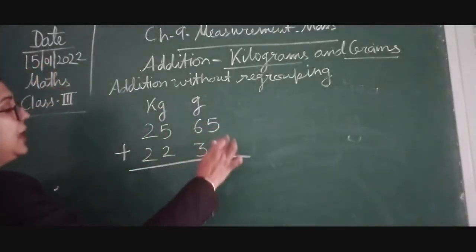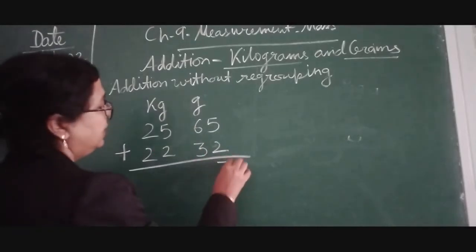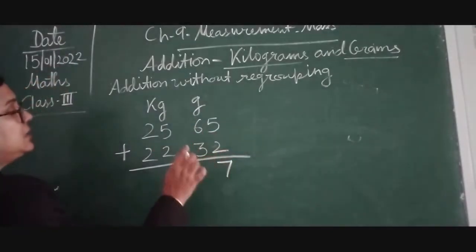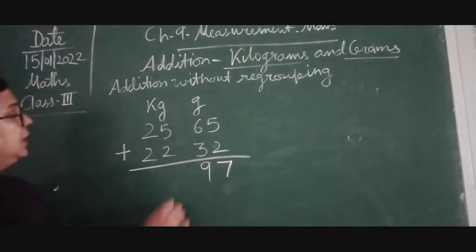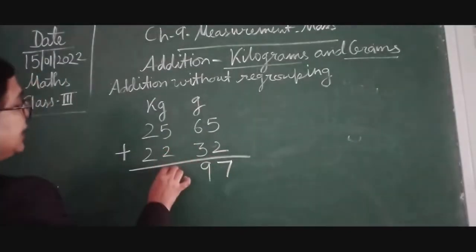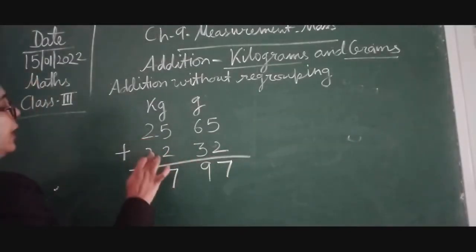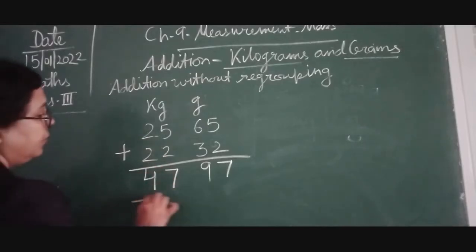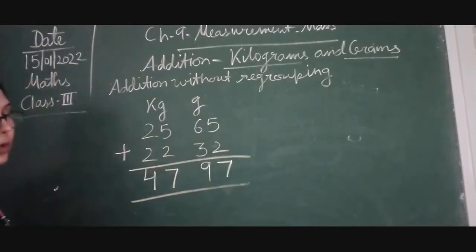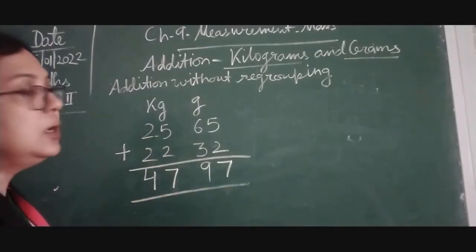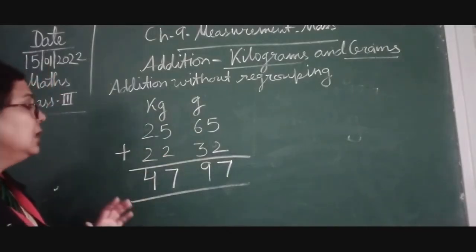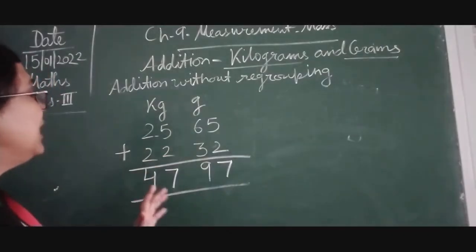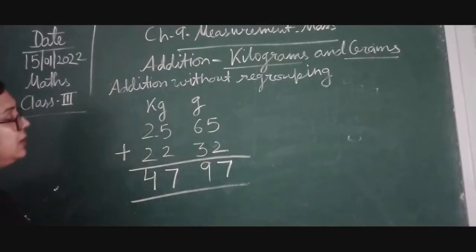Now 5 plus 2 we will get 7, 6 plus 3 we will get 9, 5 plus 2 we will get 7 and 2 and 2 is 4. So now what is the sum of this total? This question you will get 47 kg and 97 gram.